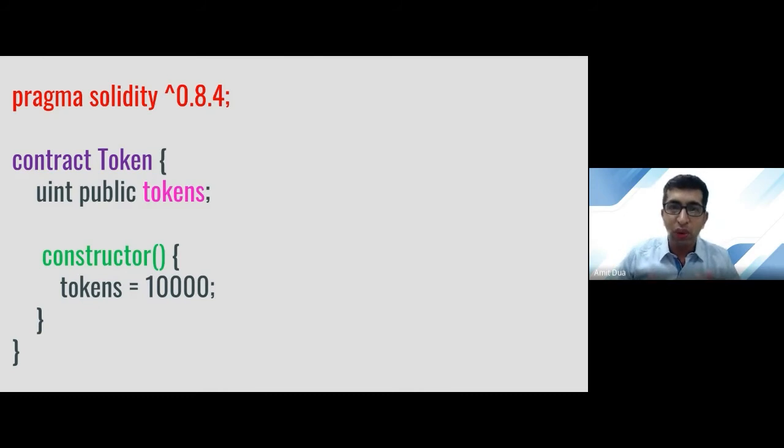So it's important to get excited and start using something. This entire program means that we are using a programming language called Solidity. We are creating a smart contract and just initializing that variable with the value 10,000 whenever the smart contract is loaded. Let's go back to our Ethereum console and try to write this program now.